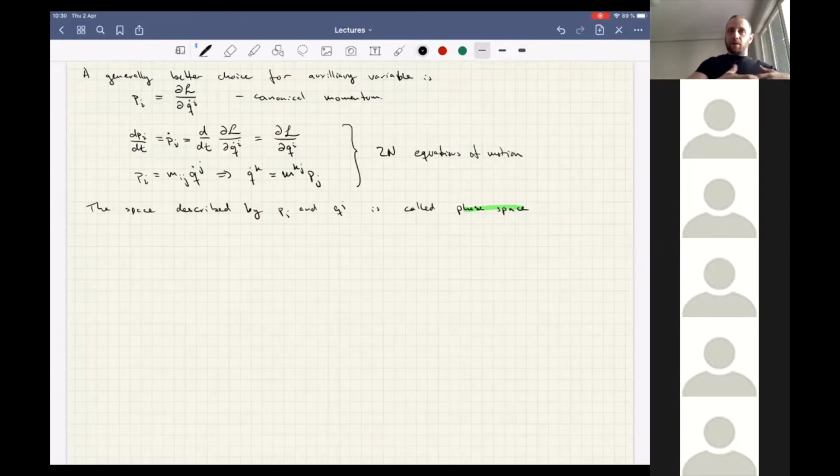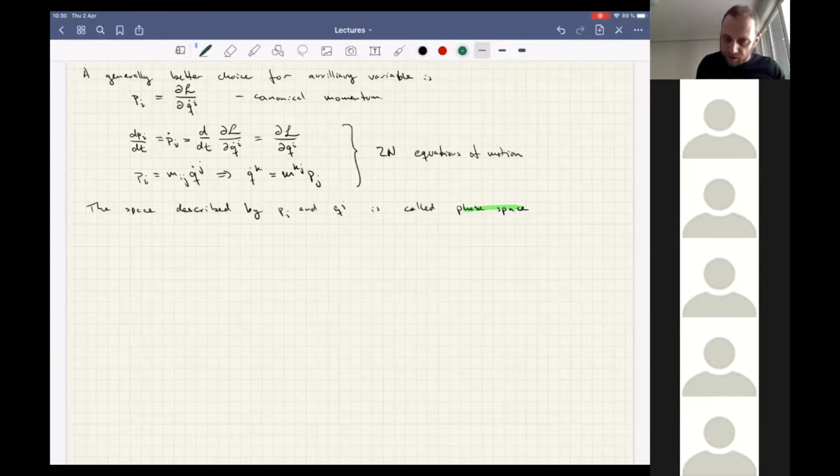And I can draw how the system evolves in this phase space, and I can do this relatively easily because I know from the first order equations how the system is going to move from every point.